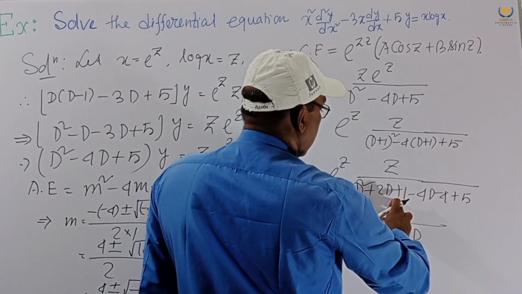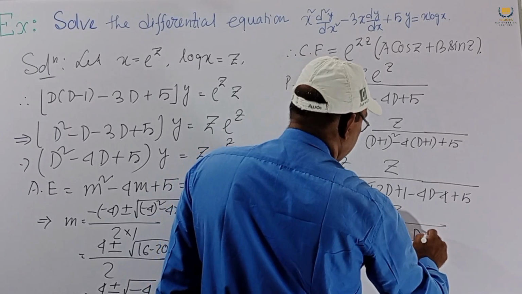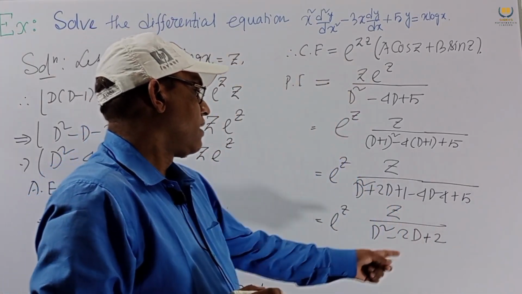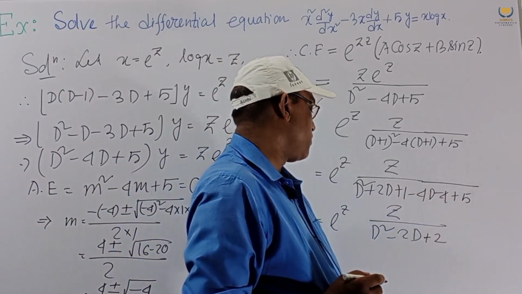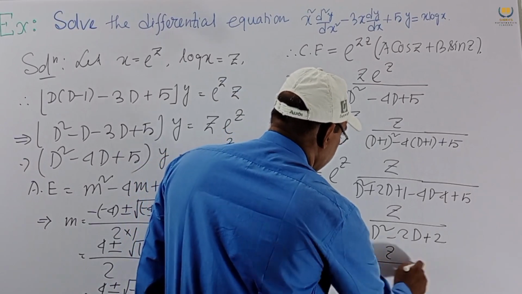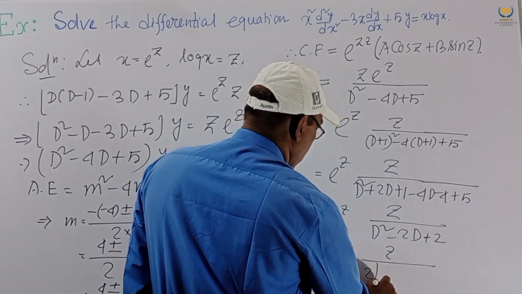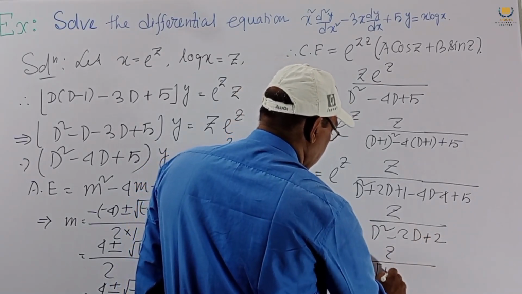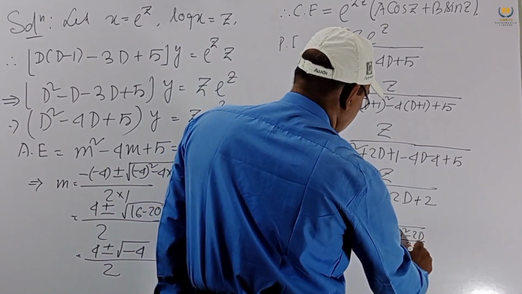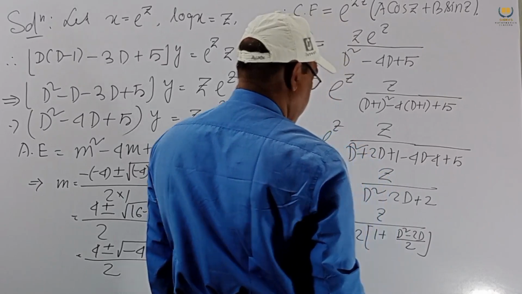This is my plus 2. We get this, and this 6 minus 4 is 2. So this is e to the power z by 2 common, then we get 1. This is D squared minus twice D by 2.